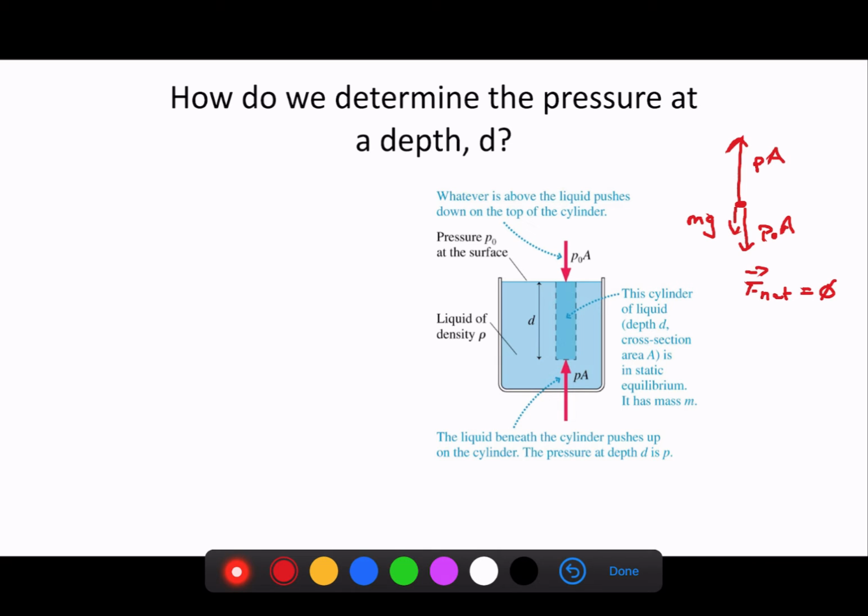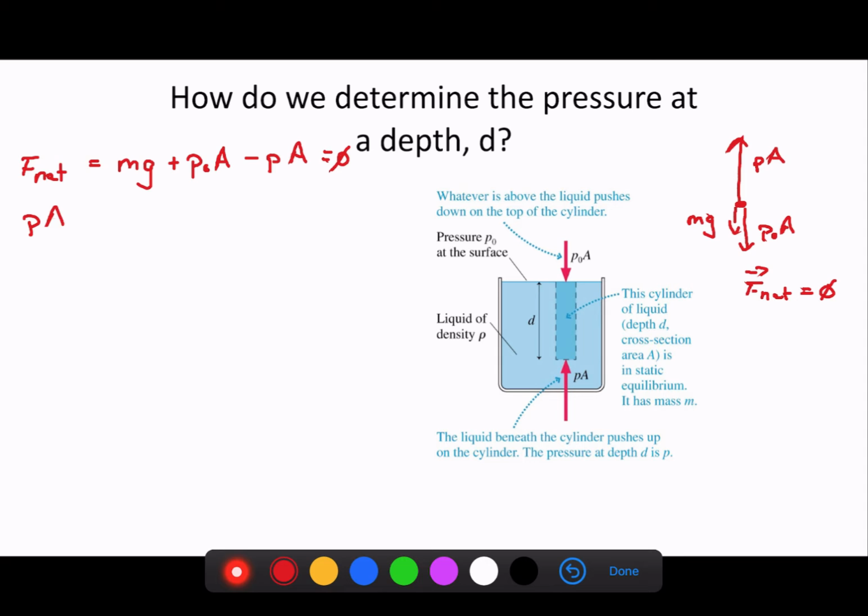Now, since this cylinder of water isn't moving, there's no acceleration, the net force is going to be 0. So let's go through and look at the net force. We've got mg pointing down plus the atmospheric pressure pointing down minus the pressure due to the liquid below this cylinder.